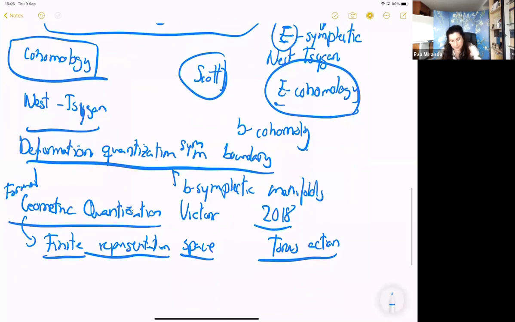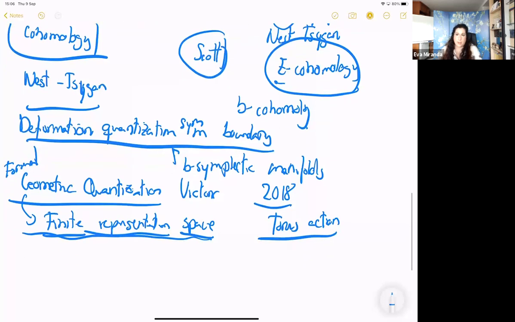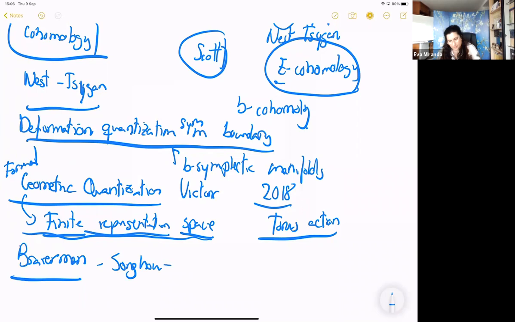We did this finite representation space, and much later on, Lee and Braverman and Loizides, I cannot pronounce their name, a former student of Meinrenken, answered a question.